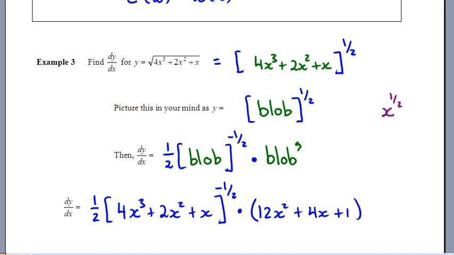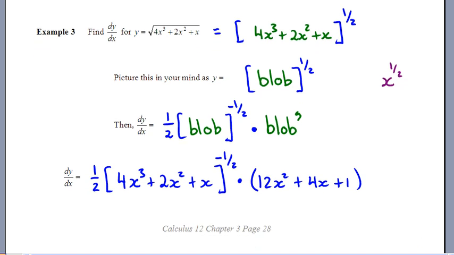You might be like, where's that coming from? That's the derivative of 4x cubed plus 2x squared plus x. Key thing, when you're doing the first part, the first half of the chain rule, just leave the blob alone. Don't actually do any derivative for that, okay? Then we multiply it by the derivative of the blob.